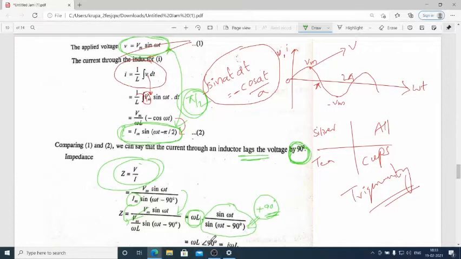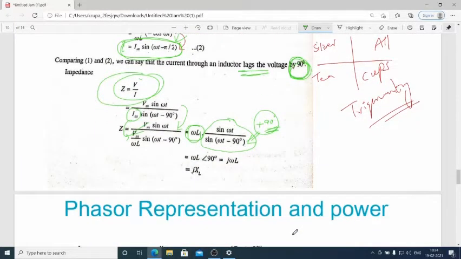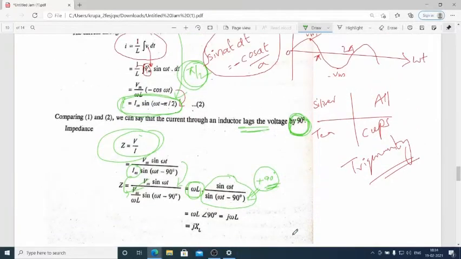So omega L, an angle of 90 degrees. So again I'm writing, instead of 90 degrees I'm replacing it with the J operator. It is learned in complex variables at the intermediate stage. So J into omega L.